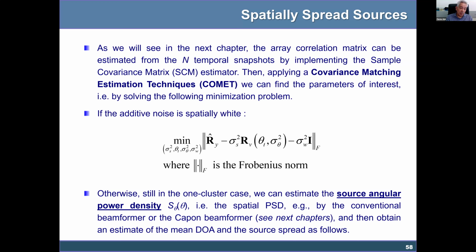So this is one possible method to estimate the unknown parameters, including the direction of arrival, theta t, if instead of point-like sources, we have spread sources.